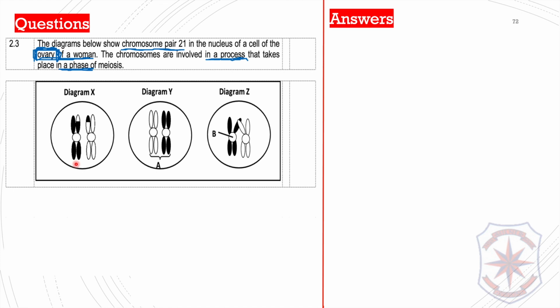And then what is it that we can see in this diagram? We see that there are different colors, or different shades of the chromosome. This chromosome over here is a majority black, and only that part is white. This one is a majority white, and only that part is shaded black.